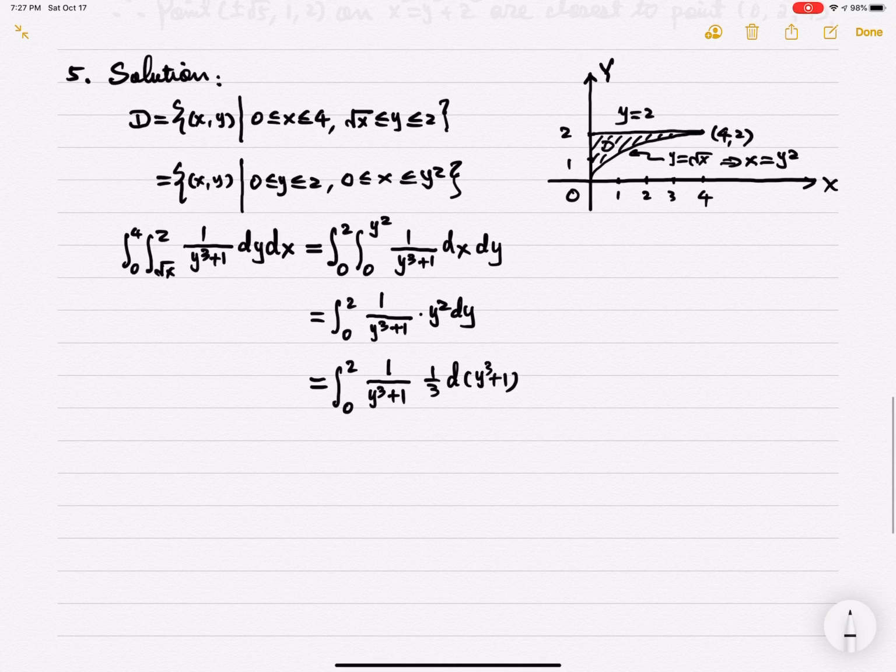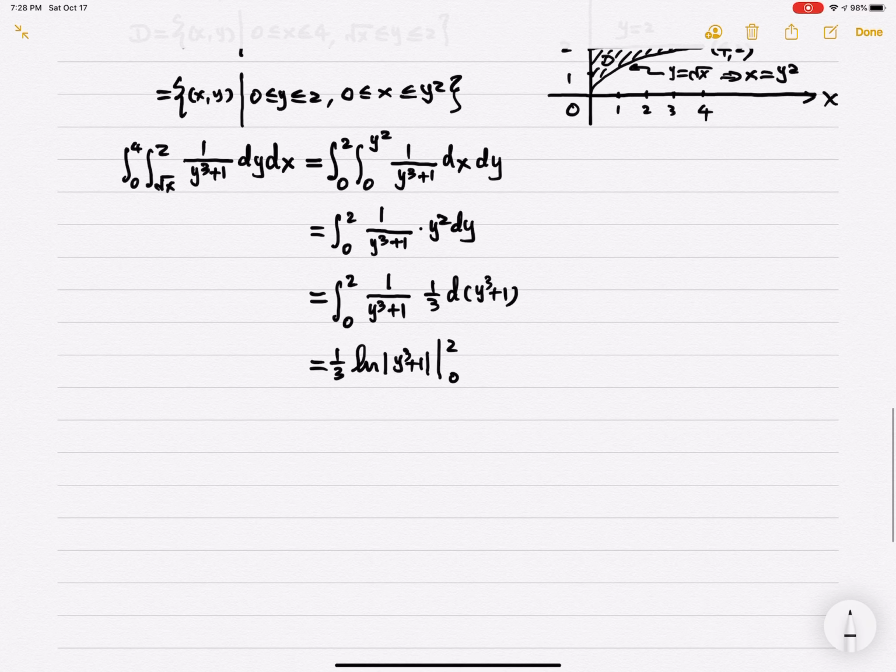So 1 over u du, the antiderivative is log absolute value of y to the third plus 1, and then you plug in 0. When you plug in 2, 2 to the third is 8 plus 1 is 9. So this is 1/3 log 9. When you plug in 0, log 1 equals 0.